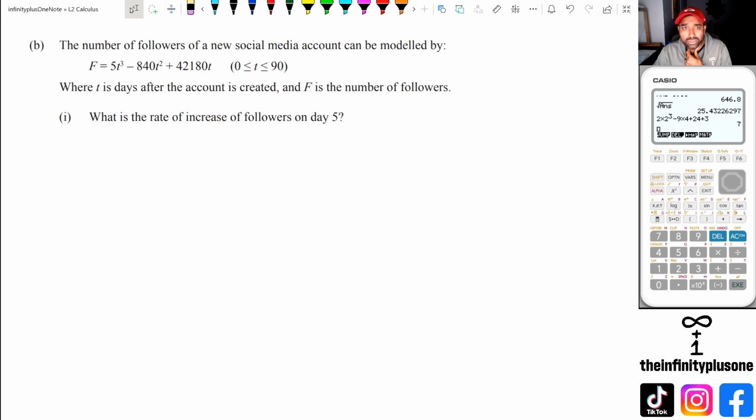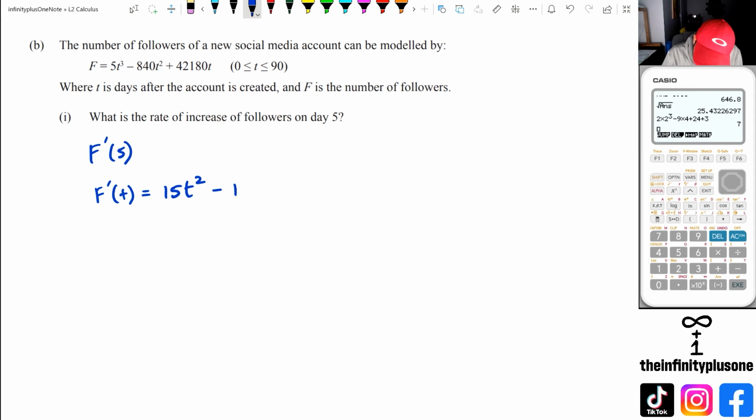All right, so for the next question, we're looking at the rate of increase of followers on day 5. So we're basically looking for f dash, and then substitute 5 as the time. First we work out f dash of t. That's going to be 15t squared minus 1680t plus 42,180.